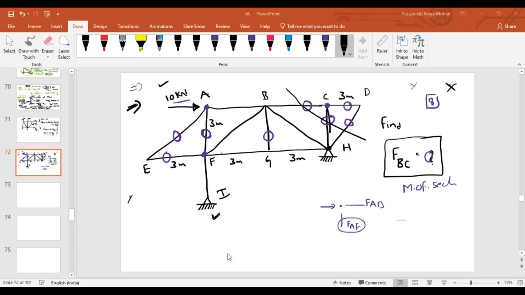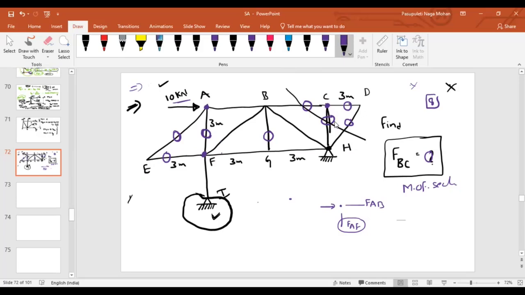Okay. So coming to this question, now tell me how the reactions will be generated at support I. Will they directly transfer or will they pass through some other member? Don't be so quiet. I'm thinking that my voice is not audible to you.